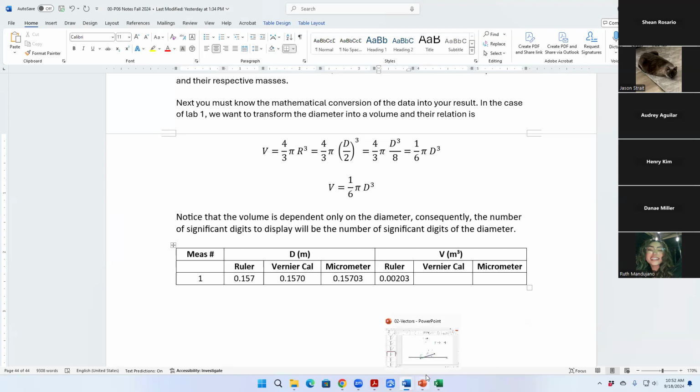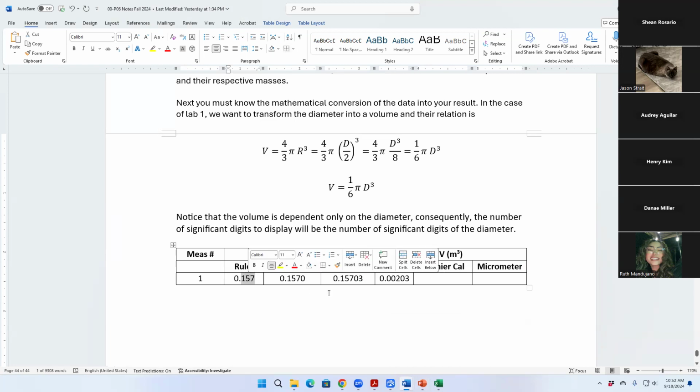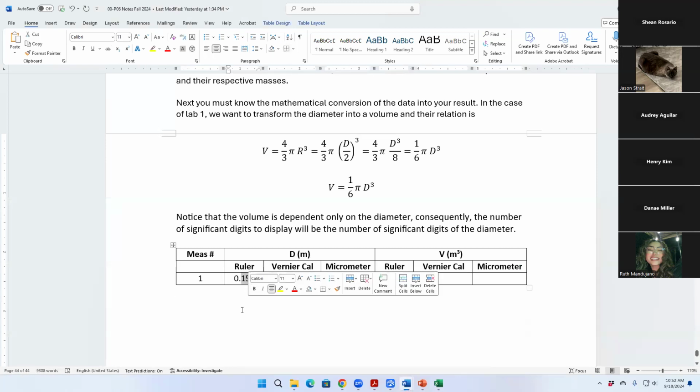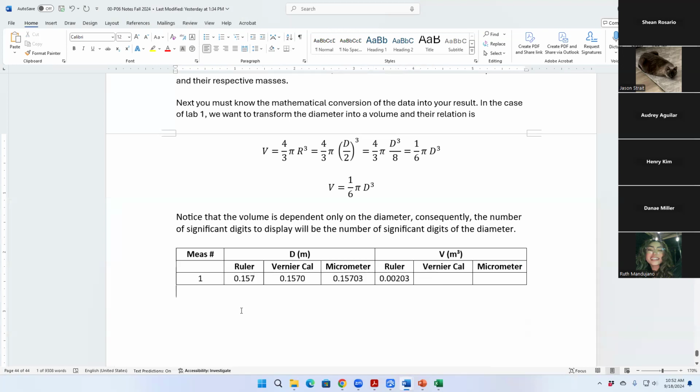And then you do the same for the vernier caliper. 3 decimal places, 3 significant figures. The number of significant figures is not necessarily the same as the number of decimal places. Here we have 3 significant figures, 3 decimal places, coincidentally. This is just a coincidence. But here we have 3 significant figures, but 5 decimal places.